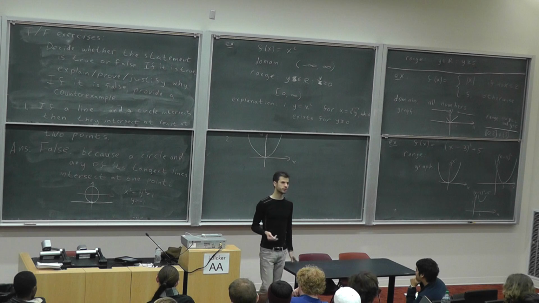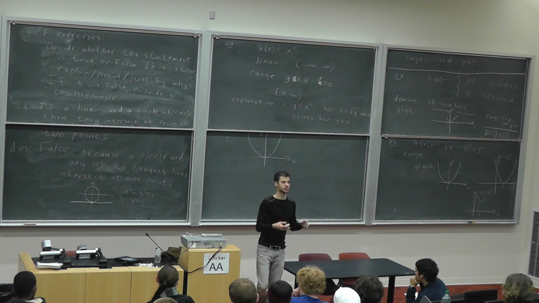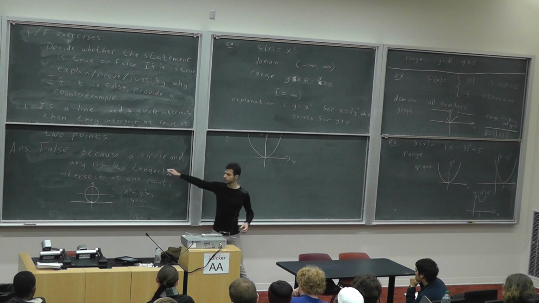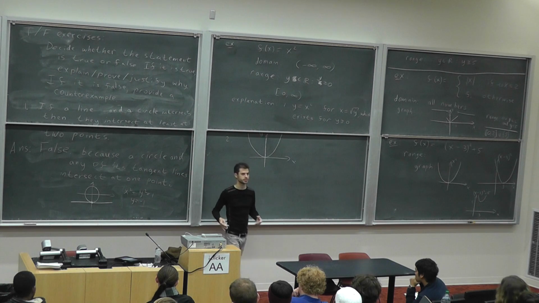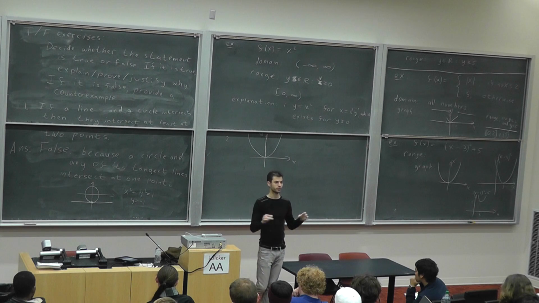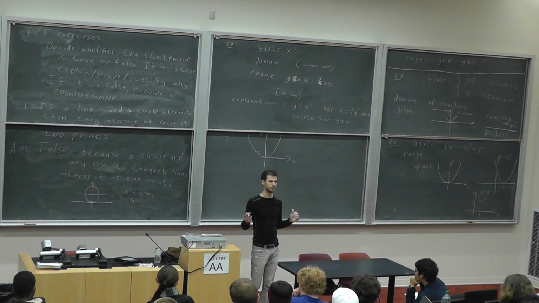It would be even better if you provide the picture and also explain what this picture means. Like in this case, we did explain what this picture means. It's a circle and one of its tangents. So it's also enough.